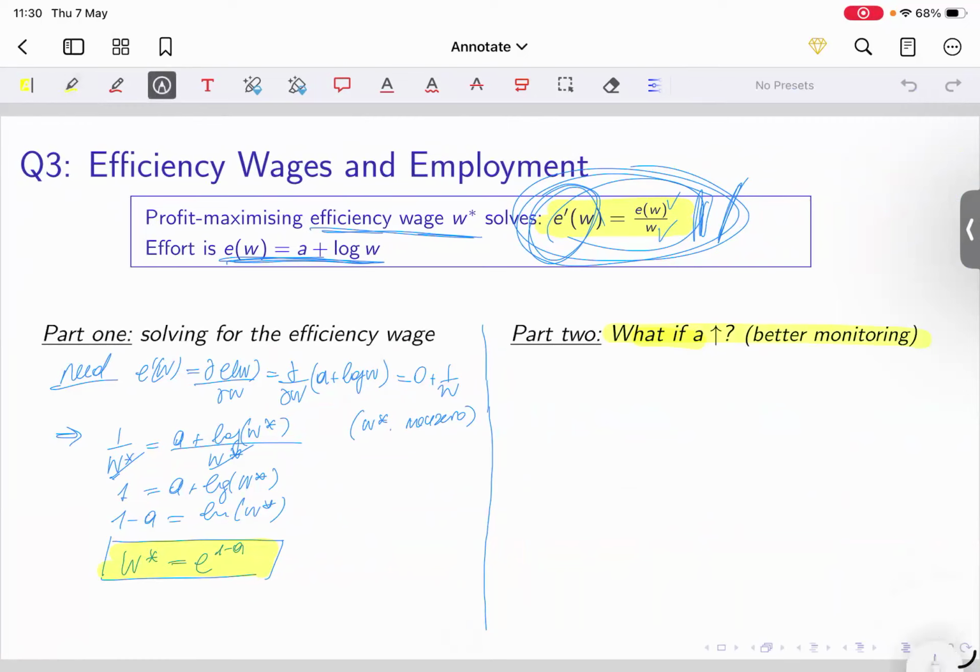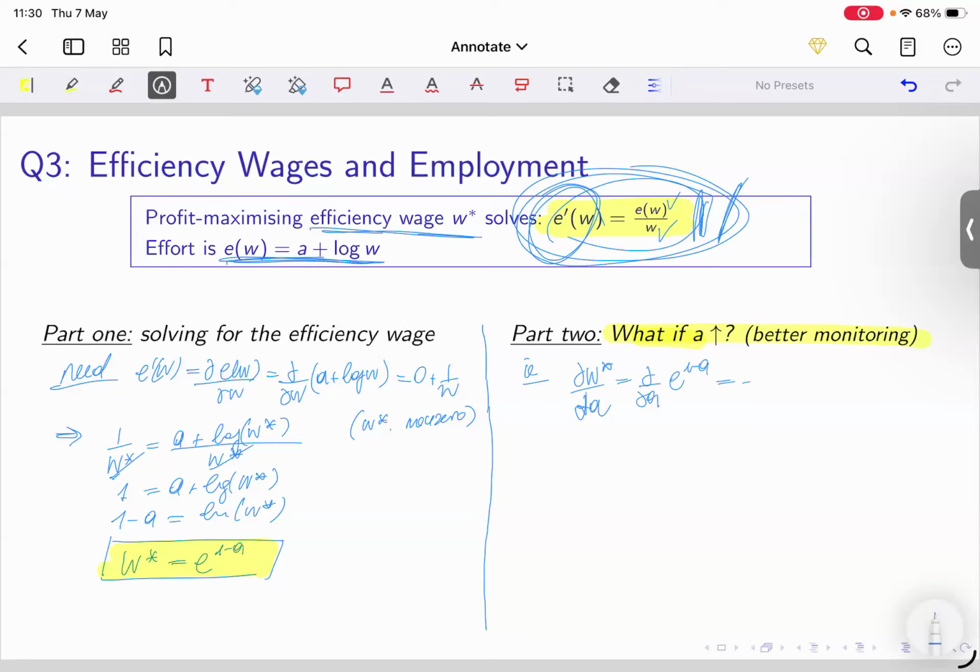So always, again, let's translate the English into math. What does that mean? I want to know what happens to my efficiency wage when I change my A. So the derivative with respect to A of my efficiency wage. But the efficiency wage I just found, so this is just E to the 1 minus A. What's this derivative?